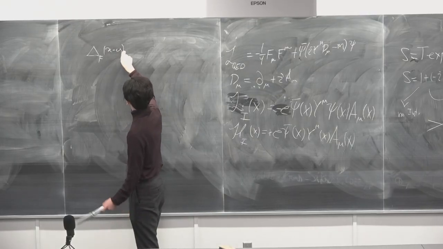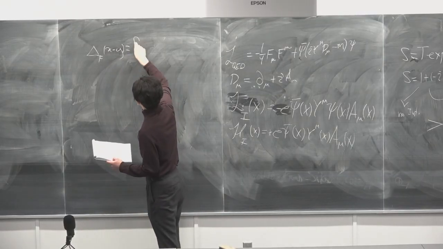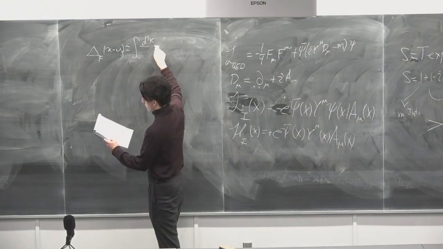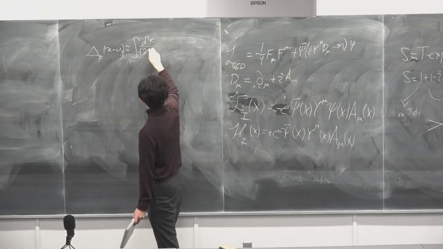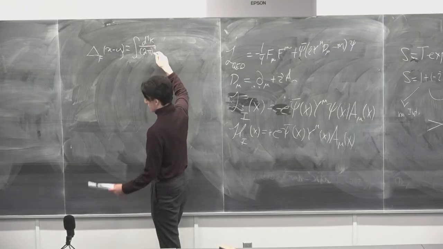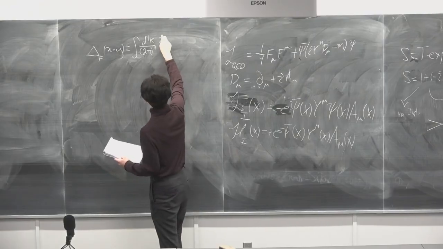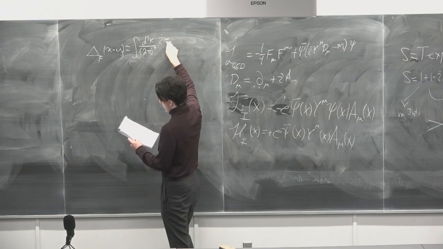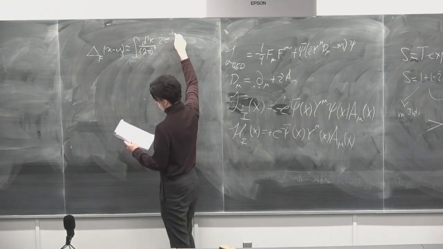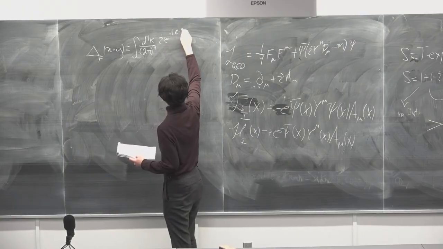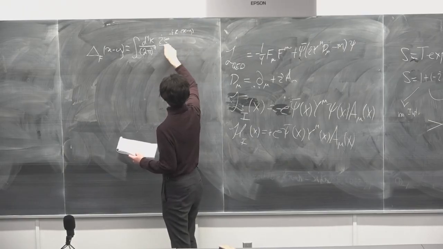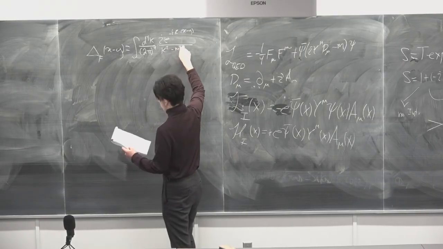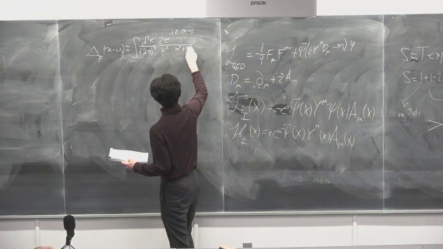So if we look at the Feynman propagator, then we want to calculate loop corrections of x minus y. So this is equal to the integral d^4k over (2 pi)^4 times, and this is what makes it nice, because now you're multiplying your propagator by e^(-i k·(x-y)) over k^2 minus m^2 plus i epsilon.